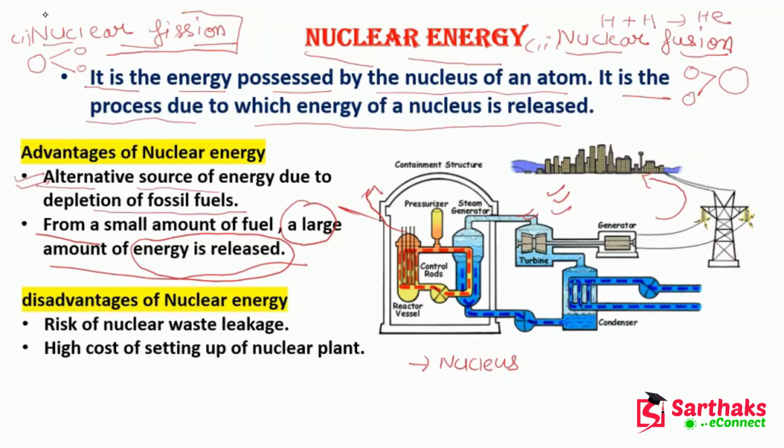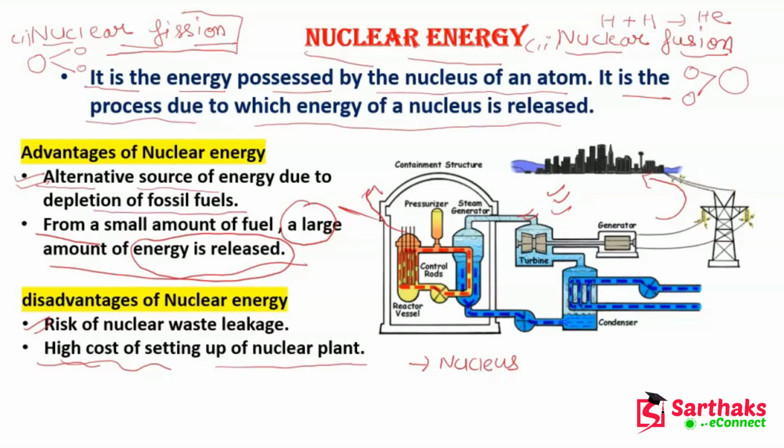Now guys, if I talk about the other disadvantage, it is the high cost of setting up a nuclear plant. Basically, to protect us from the radiation, we have to use lots of protection while making this power plant.